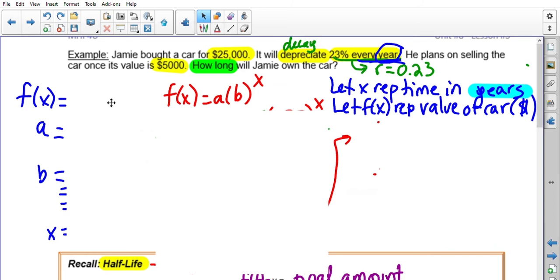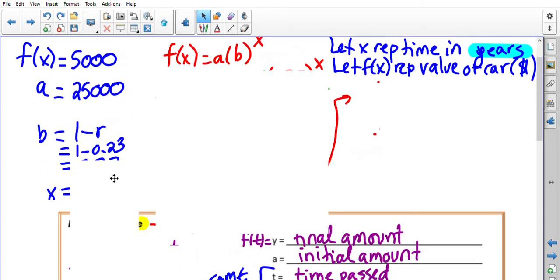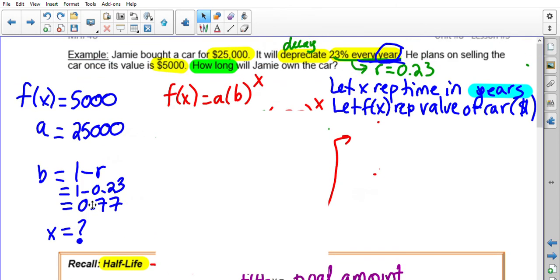Let's fill in what we know. We know f of x is a $5,000 value. The a is the initial amount, so that's 25,000. The b value we're going to have to calculate. Because it's decay, it's going to be 1 minus r, so 1 minus 0.23, which gives us 0.77 as our decay factor.